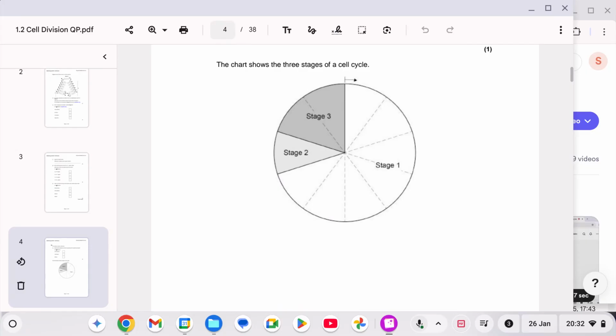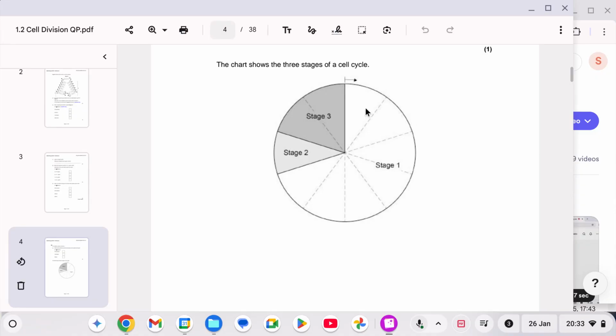Now this shows 3 stages of the cell cycle. If you get these dotted lines here, the first thing you need to do is to count them up, because they will probably ask you a question about what proportion of the cell cycle is in, let's say, stage 2, or what percentage of the cell cycle, or something like that.